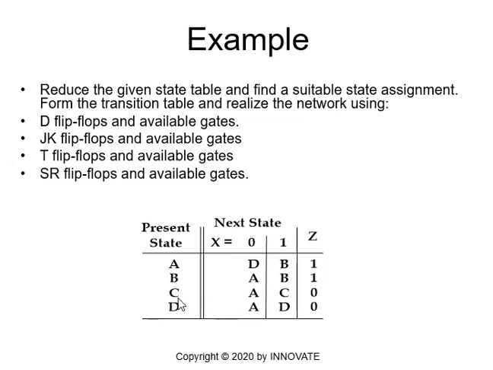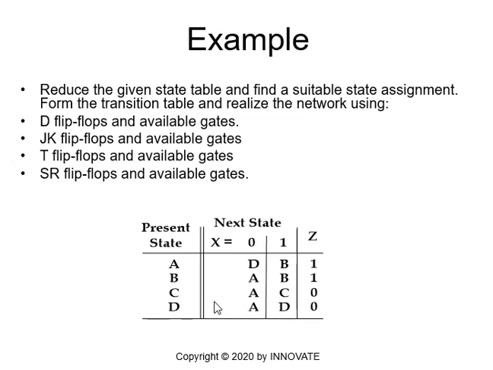Why? Because if the present state is C and x is 0, I go to state A, and I will remain in state C if x is 1. If the present state is D and x is 0, I will go to A, and I will remain in state D if x is 1.